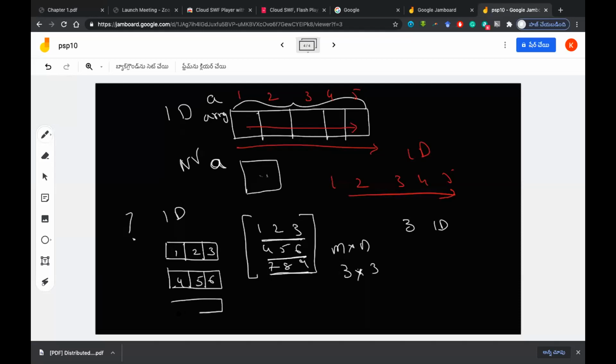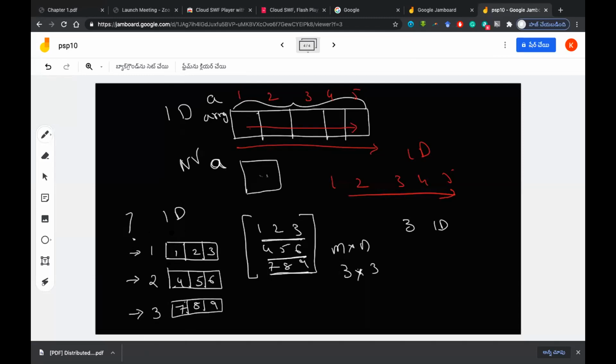The next one is like your telephone numbers, 7, 8, 9. So this is 1, this is 2, this is 3. There are three 1D arrays. This is the first 1D array, this is the second 1D array, this is the third 1D array.